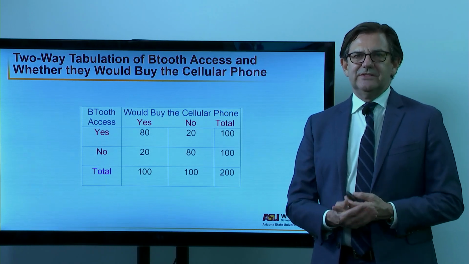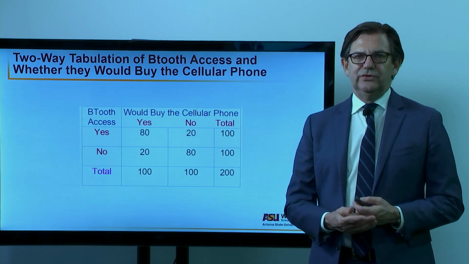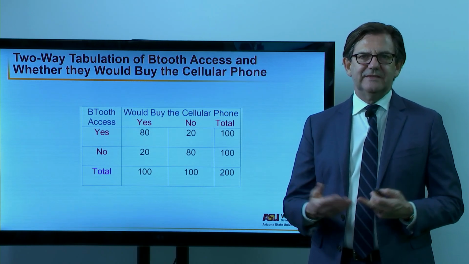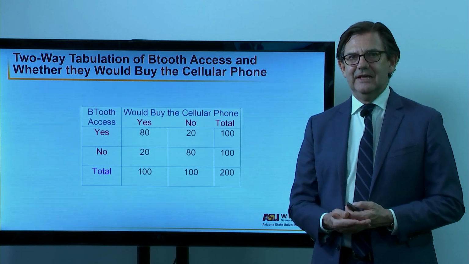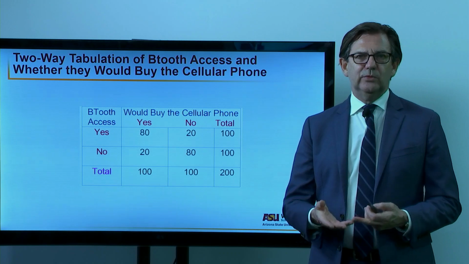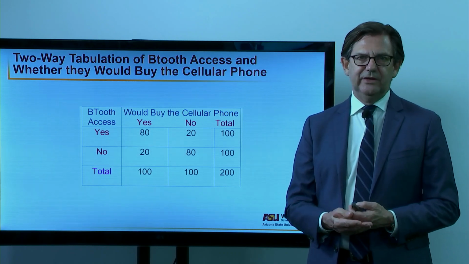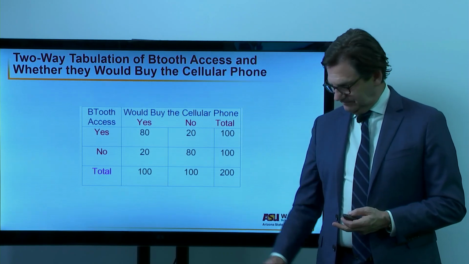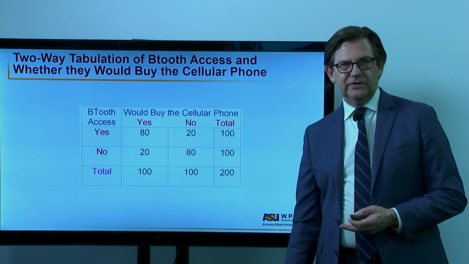Now we have to decide what to do with what we found in this sample. The sample clearly suggests that there's an effect of Bluetooth access. Is this something we can rely on if we're going to spend more money on development? Let's look at the hypotheses.